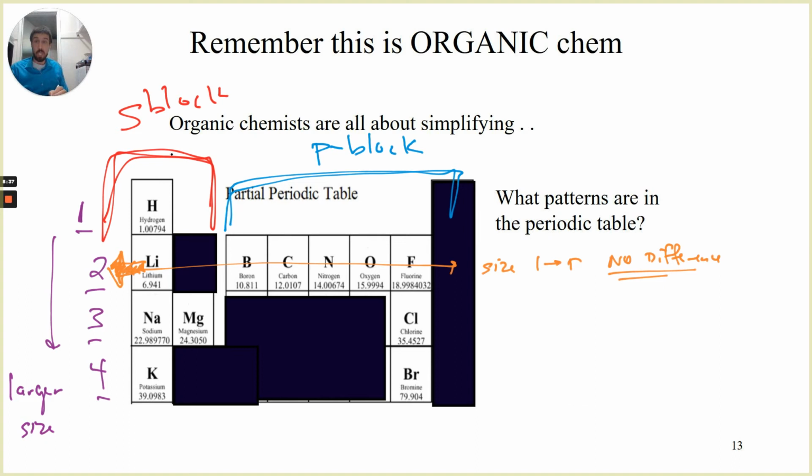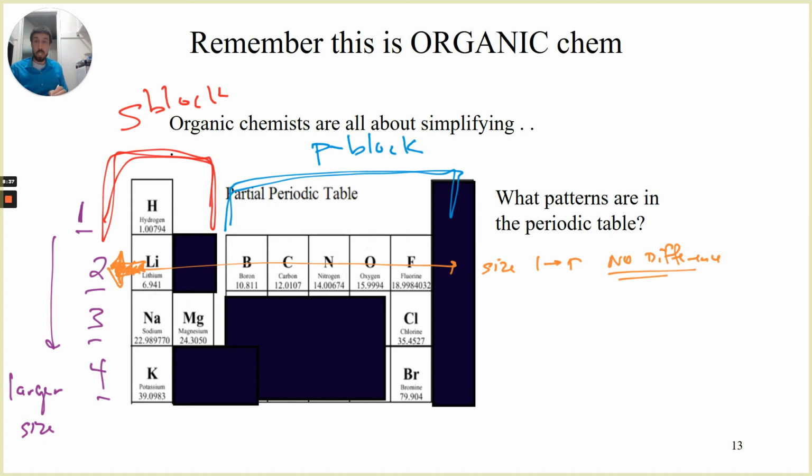And in fact, I would argue that that's a pretty good first week question that you could post to our discussion board to explain why size does indeed change left to right. Okay? So for our purposes, again, just want to be extra clear, size does not change left to right.